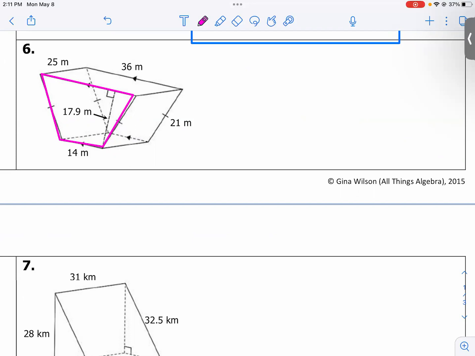Okay, I have some students forgetting what the area of a trapezoid is. I don't know if you knew this, but the very last page of your packet is a bunch of formulas.